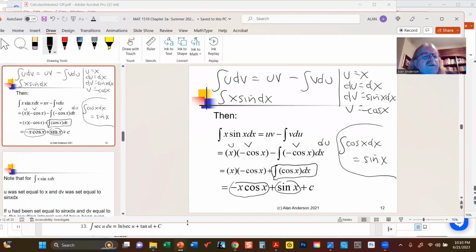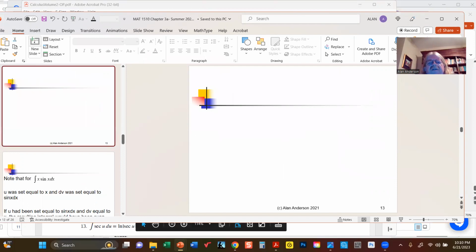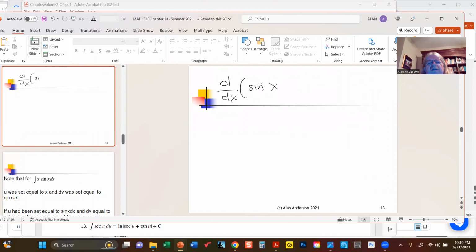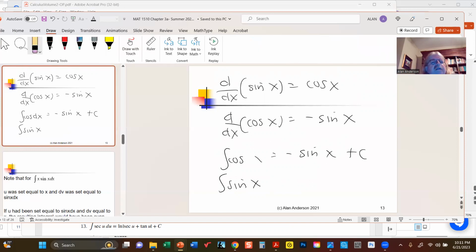By the way, I just want to quickly remind you that as far as the derivatives go, the derivative of sine x is the cosine of x. The derivative of the cosine is negative the sine. And that's why the integral of cosine x dx is sine x, and the integral of sine x dx is negative cosine x.